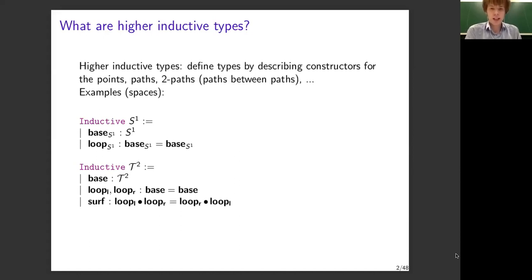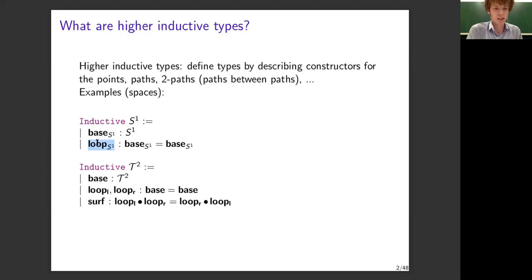Usually in type theory, you have inductive types, where you only say how to construct points, like for the natural numbers or lists. But in higher inductive types, you can also give constructors for paths. An example would be the circle, S1. It has two constructors. The first one is a point constructor, base, of type S1.